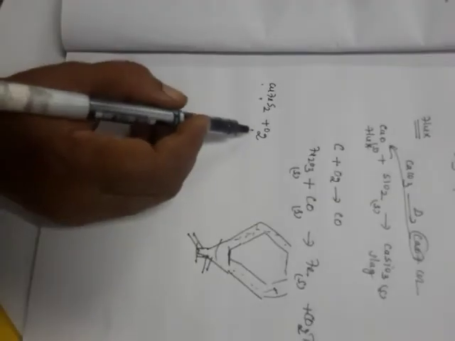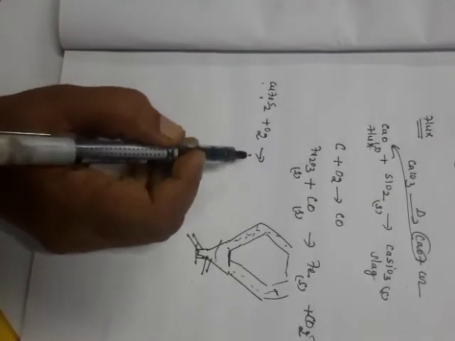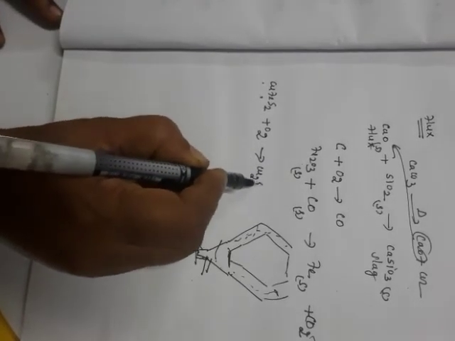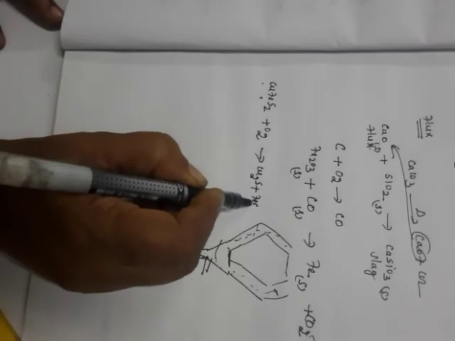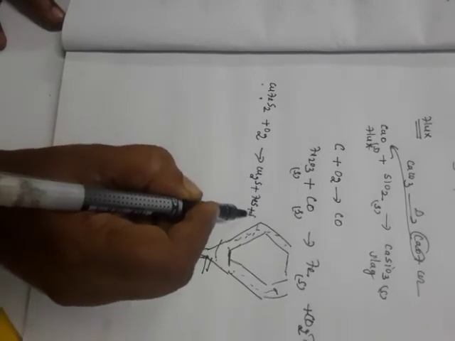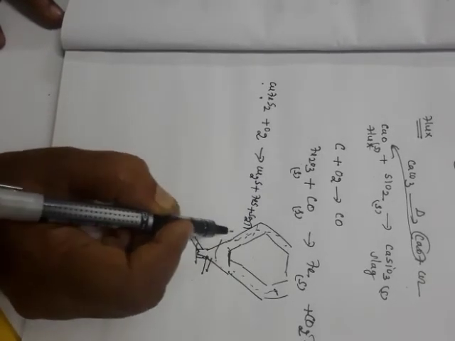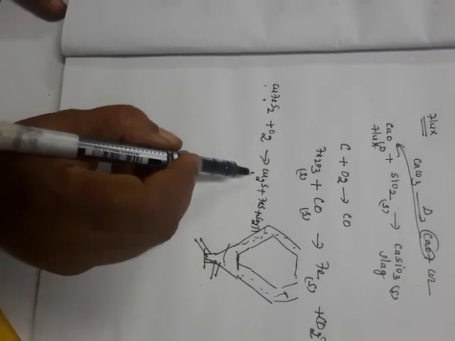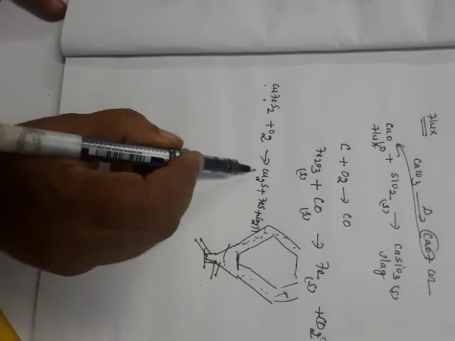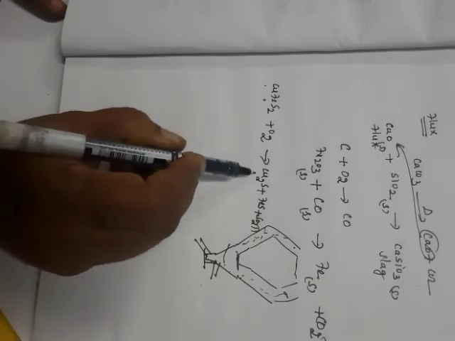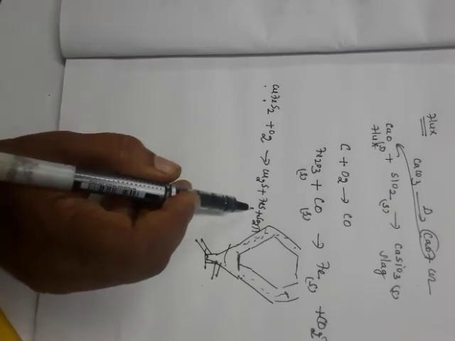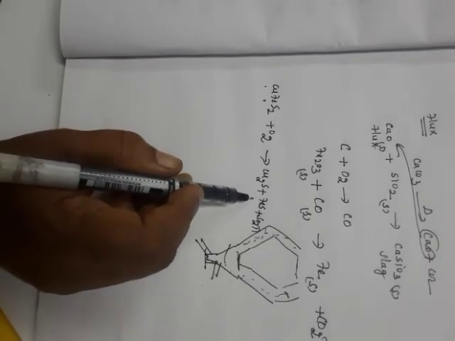Copper pyrites on heating gives both copper sulfide and iron sulfide, and sulfur dioxide is expelled out. We are extracting only copper, so we need only this, but the iron sulfide should be removed first.